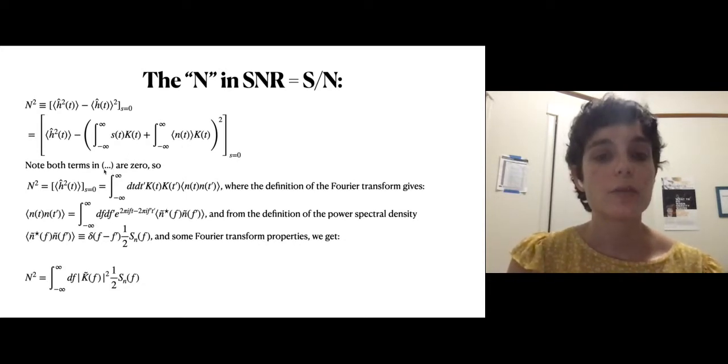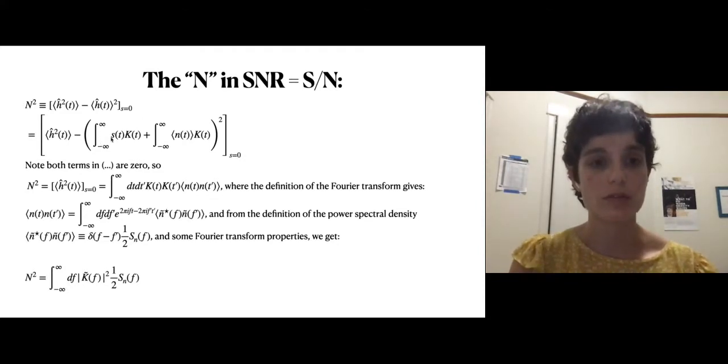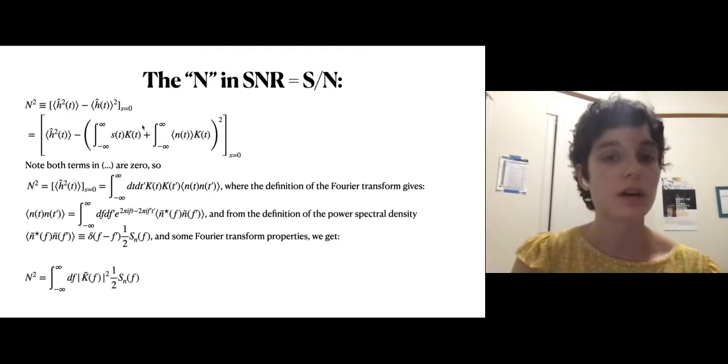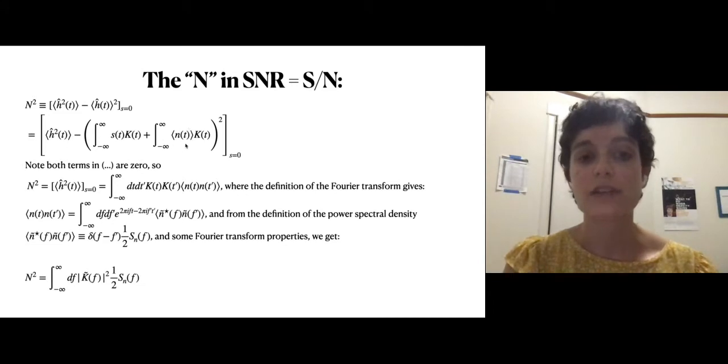Both of these terms are 0, because we've assumed that there's no signal. So this first term goes to 0 as s is 0. And we've said that the expectation value of n(t) is also 0.